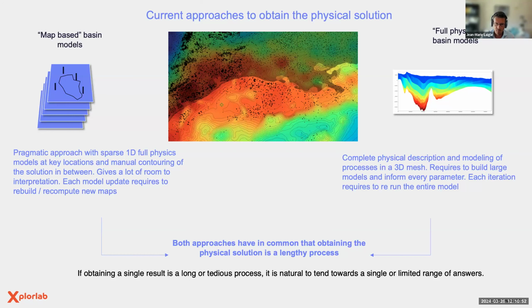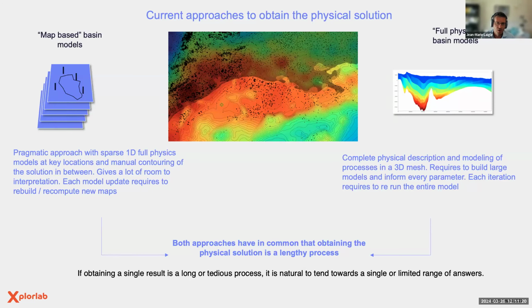Because it is a lot of effort to build a mesh at basin scale, the resolution of this model is usually quite coarse. There is a very large number of parameters to inform, because you need to provide all of the parameters for the partial differential equation at every single node in the basin. And each iteration is going to require rebuilding the mesh and rerunning the entire model.